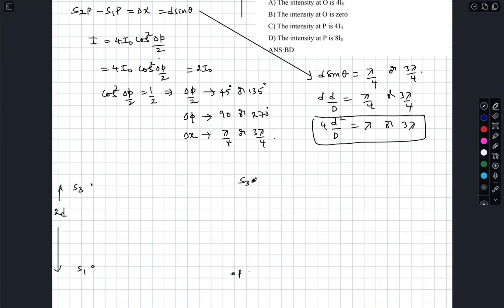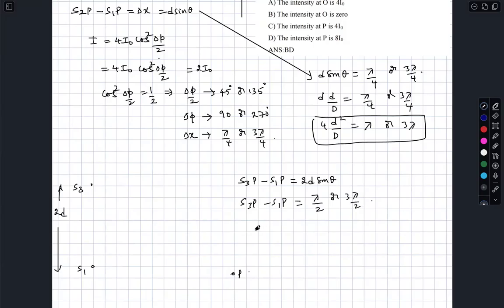Now S3P minus S1P is, I mentioned, a 2d path difference. And this can be written as 2d sin theta. Here, d sin theta I already have. So S3P minus S1P is either lambda by 2 or 3 lambda by 2.